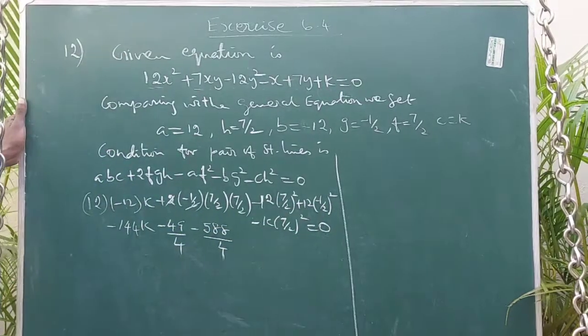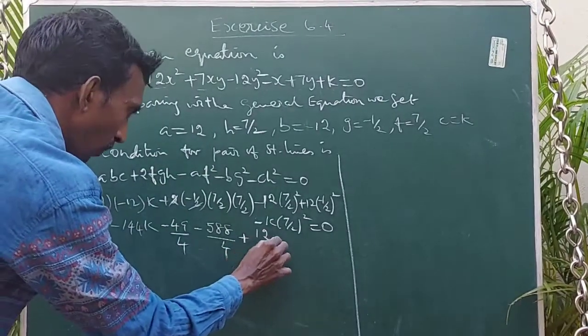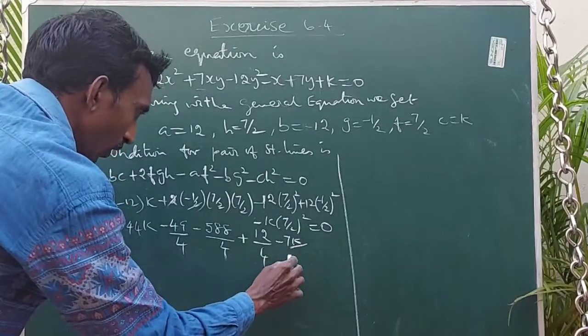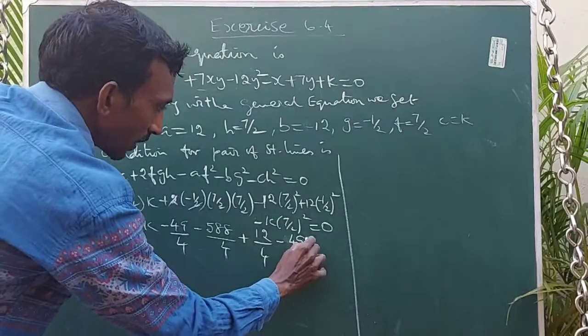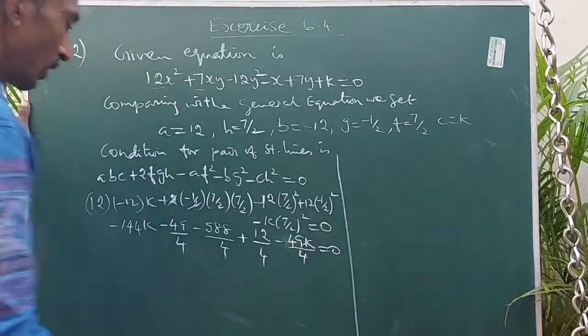Minus 1 the whole square is plus 1, so 12/4, and minus 49k/4, (7/2) whole square, equal to 0.